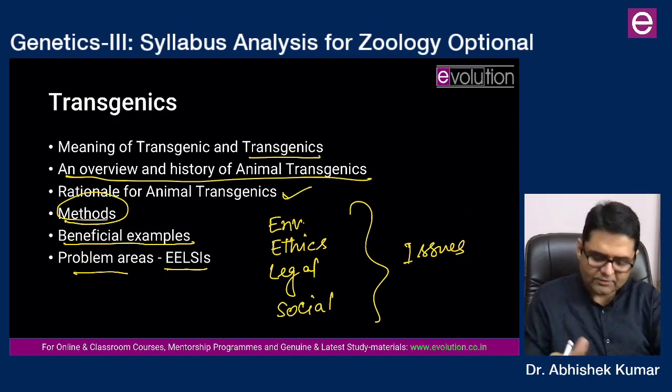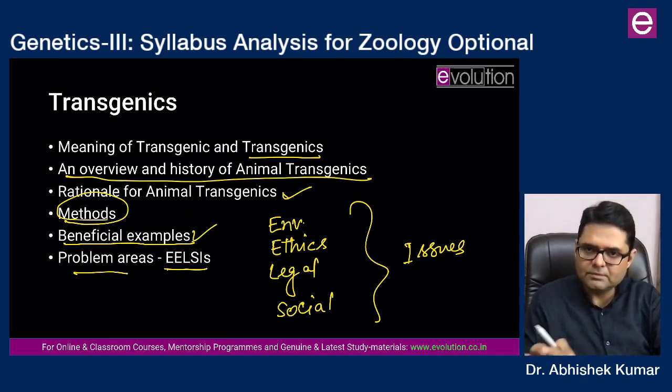You need to do all of these, and the beneficial applications are going to form the core of your answer on transgenic animals when it comes under economic zoology in paper 1.